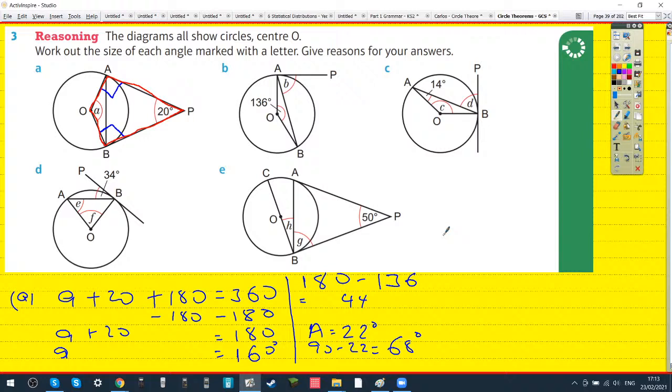Okay, so A is 14 degrees. That means the other part of B is also 14 degrees, and added up together is 28 degrees.